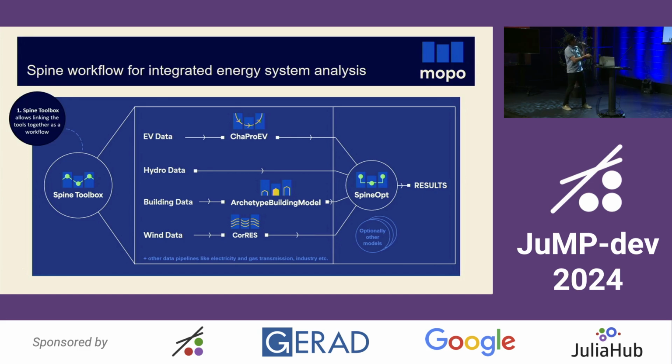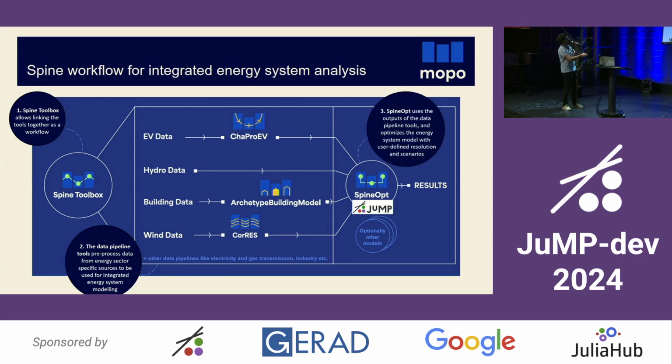So this is the workflow manager, the Spine Toolbox. For the data pipeline, you can add all these packages in between with the data. And then we have SpineOpt, which is based in JuMP, and get the results again. So this is a really nice way to see how all this works.